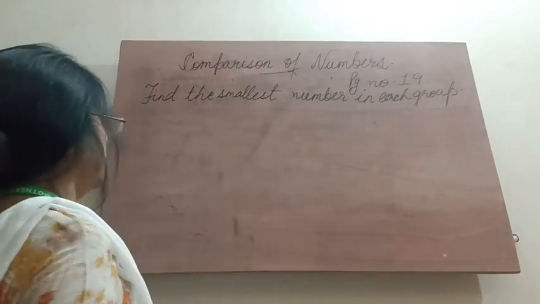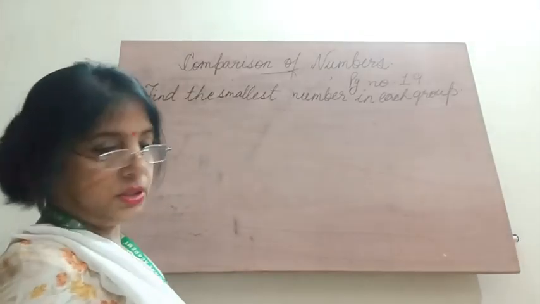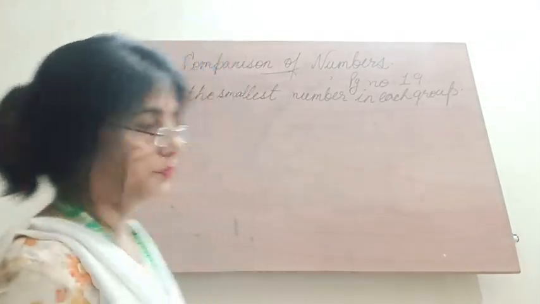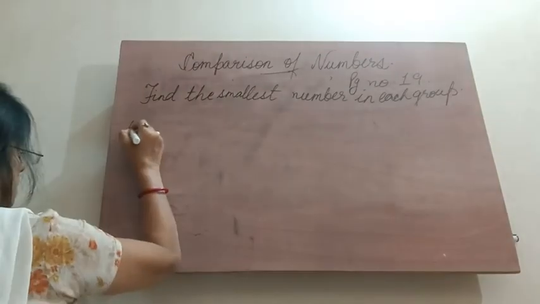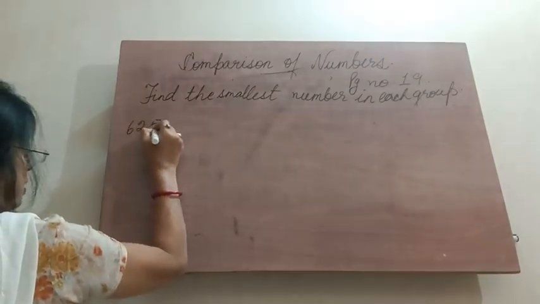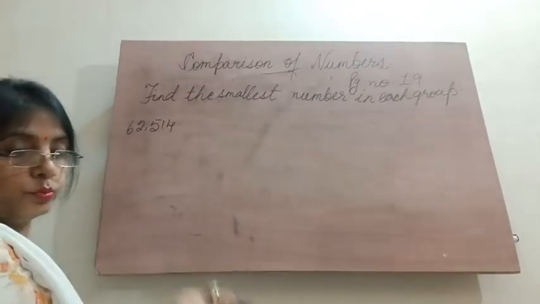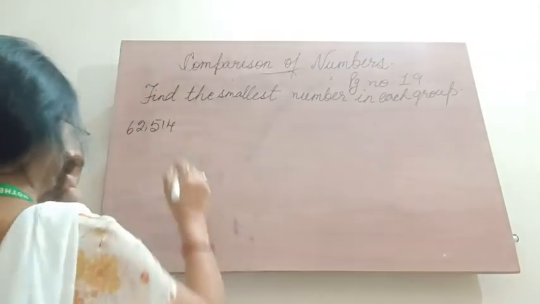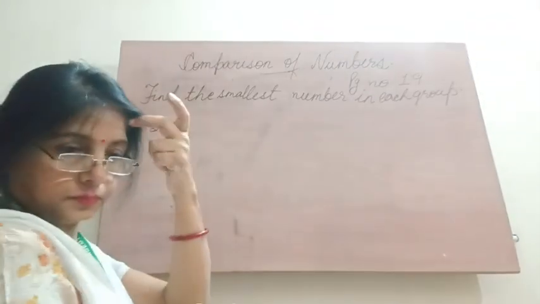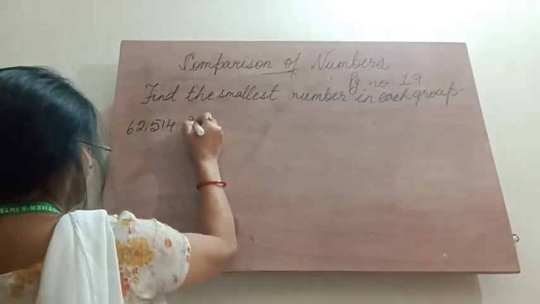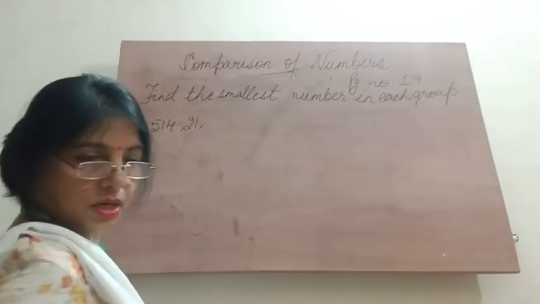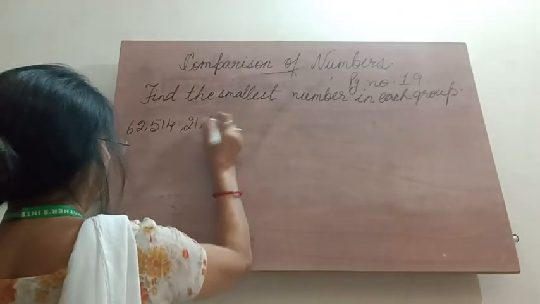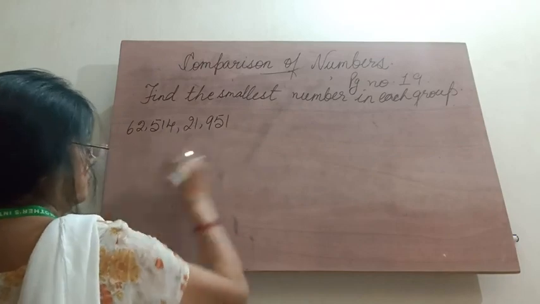To find the smallest number in each group. Again, I'm going to solve only one. 62,514. If you have the book, please look into the book. That is page number 19. 21,951.